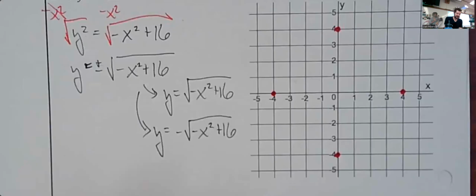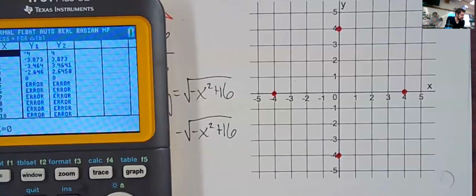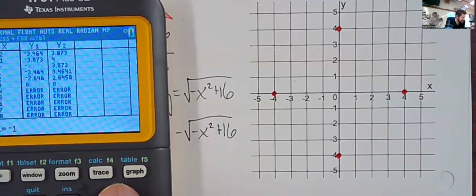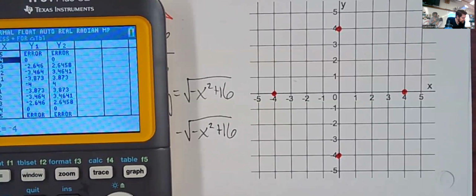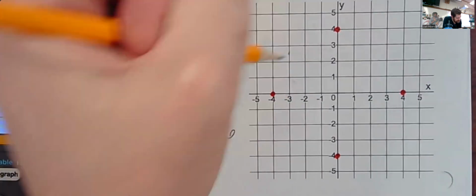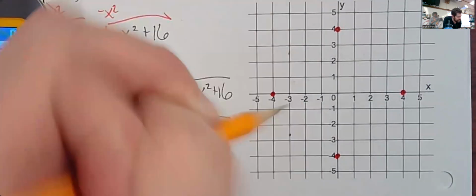In fact, I'm going to go to my table of values and try to get some more points on here. So let's see, if x equals 0, I'm going to go back to x equals -4. Let's see, where's another, we don't have any great numbers on here. So let's see, -3 is -2.65 and 2.65. So maybe about there and there.